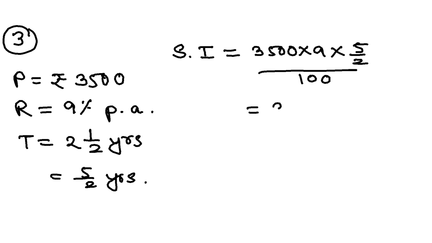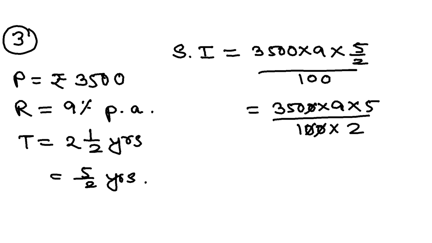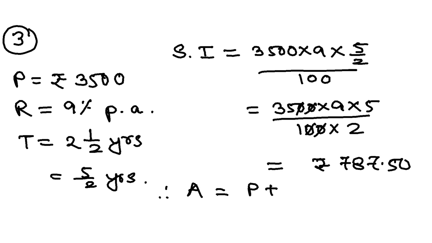So this shall give us 3,500 into 9 into 5. As I have explained, this 2 will come down, cancelling the zeros, and after doing the divisions and simplification, you will get the SI as rupees 787.50. Please try to get this answer. After that, you will find the amount. As you know, amount is principal plus interest.